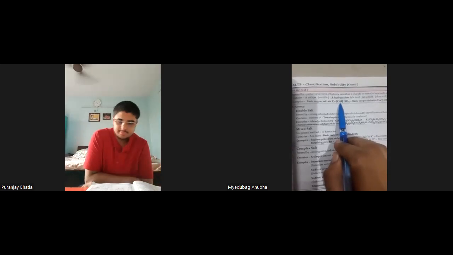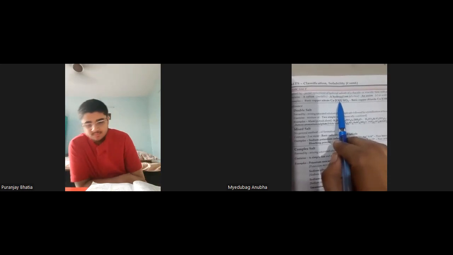For example, we take copper, Cu(OH)NO3. As you can see, it is a basic copper nitrate, CuNO3, but it has OH in between. That's why it is a basic salt, because it does not have any acidic radical H plus. It has the basic radical OH, which replaces the acidic ions of an acid.